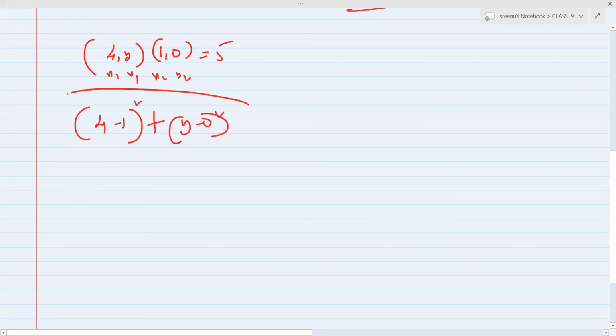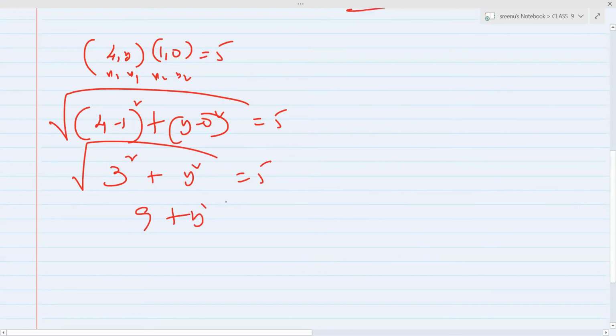Distance between 4 comma y and 1 comma 0 is 5. So x1 y1 x2 y2. 4 minus 1 whole square plus y minus 0 whole square is equal to 5. 4 minus 1 is 3, y minus 0 is y.